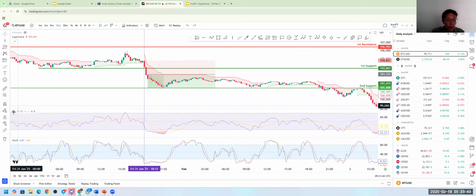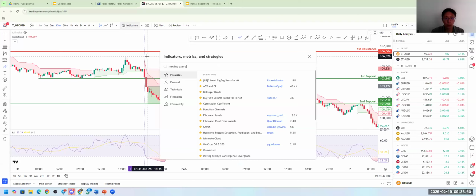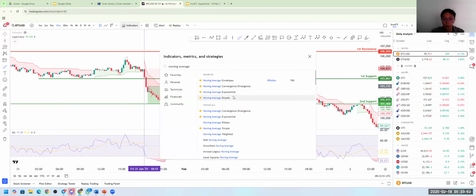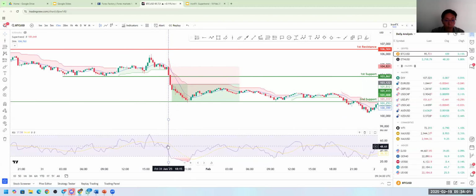For example, if you want to use RSI and then moving average, let me show you. You can use RSI and simple moving average. Right here, where we have the crossover, RSI crossover, moving average crossover at the same time.